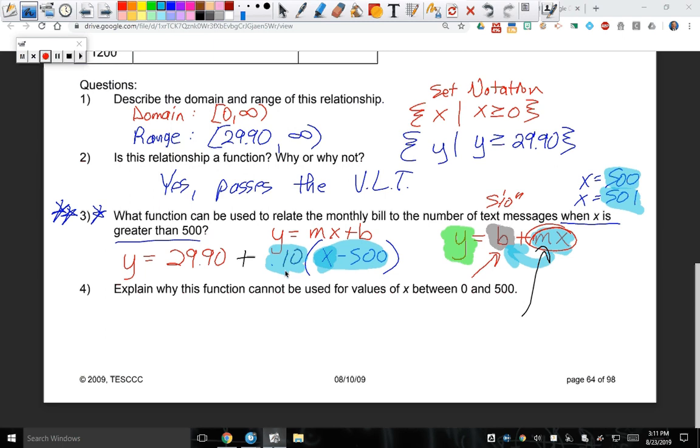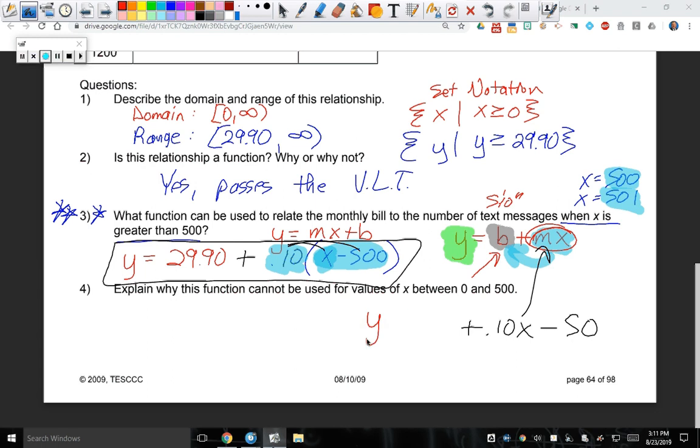So now look, the answer is this. I don't want them to get you with SAT, but they'll try. Because what they'll do is, none of the A, B, C, or D answers have this. What they do is they will camouflage this because they distribute. Look what I'm doing. They're distributing this 10 cents to make it plus 0.10x, and a positive 10 cents times a negative 500 is a negative 50. I still have 29.90.